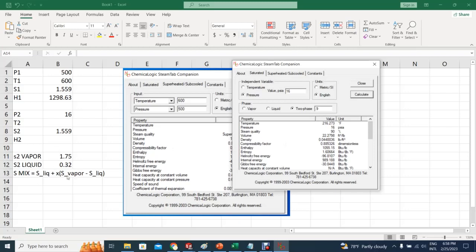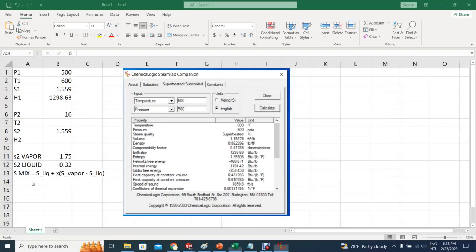How about we use this formula? Now let's work this but for X. So in this case, X, which is what we need to calculate, is going to be equal, I'm just doing here the symbolic math so you know what I'm doing, put a parenthesis here. That will be the entropy of the mix minus the entropy of the liquid, and all that divided by the entropy of the vapor minus the entropy of the liquid here.